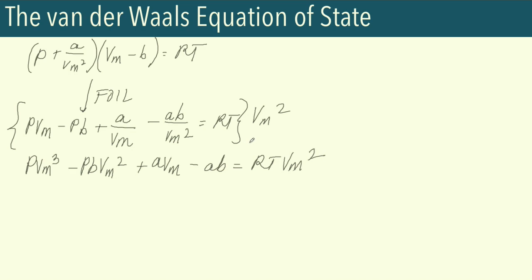All right. Let's rearrange this and also divide the whole equation by P. Let's bring the RT times Vm squared term inside here on the left side, so it's all going to be equal to 0.